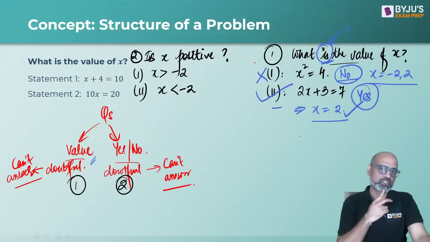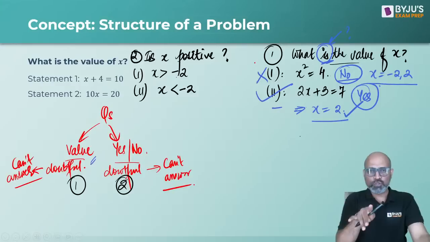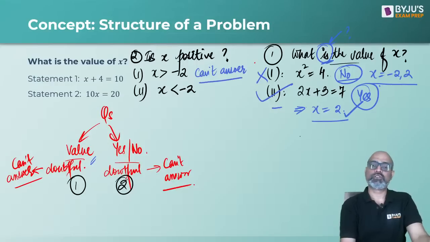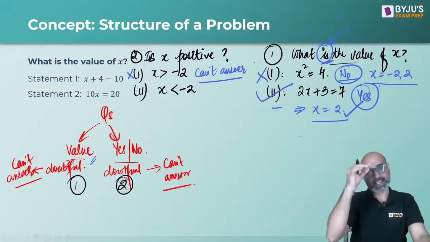So what should I answer this guy who has asked me is X positive? Yes bolu ya no bolu? I'm confused, right? I'm torn between the two cases. Yes bhi ho sakta hai, no bhi ho sakta hai. So that means I can't answer this because I'm doubtful. Agreed?